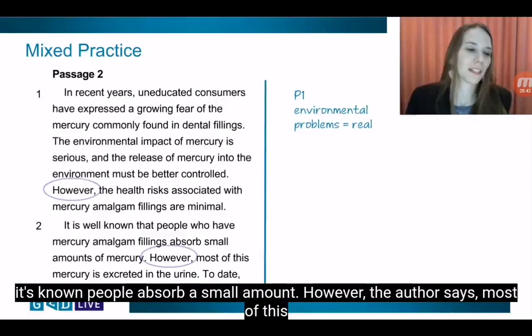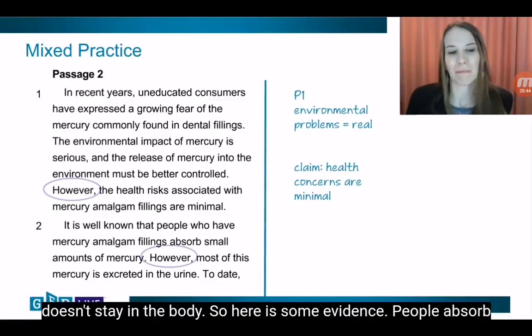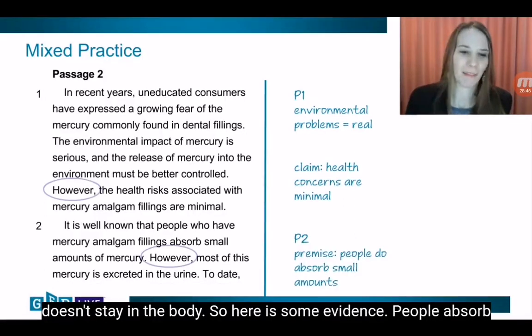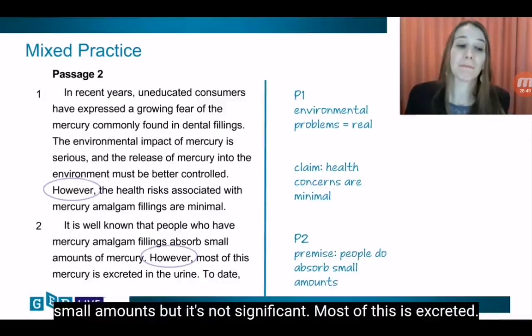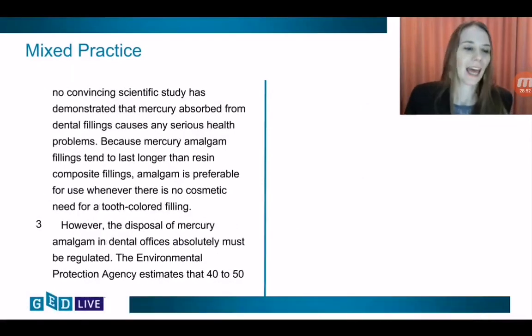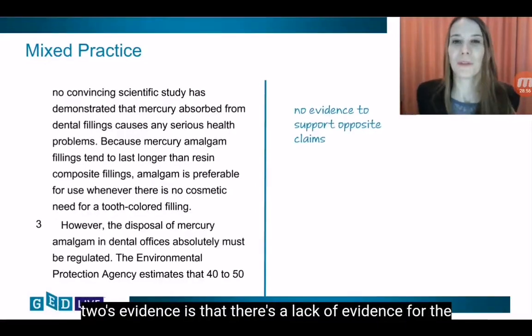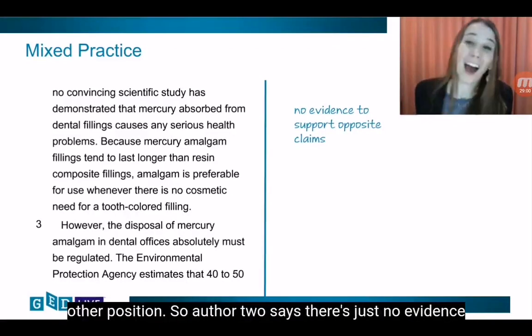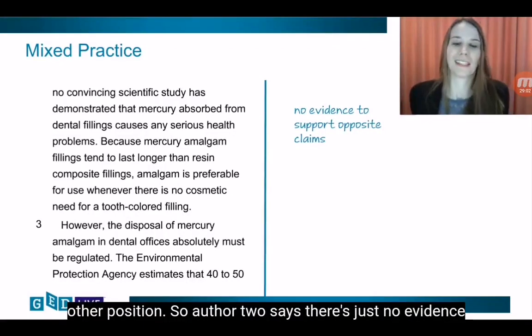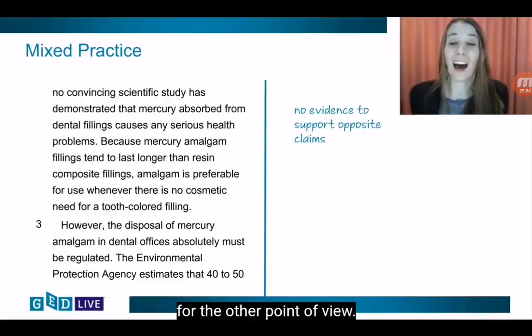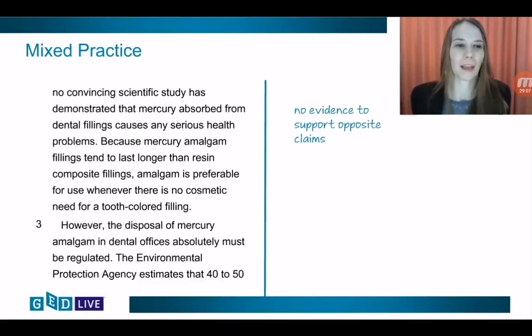However, the author says most of this doesn't stay in the body. So here is some evidence. People absorb small amounts, but it's not significant. Most of this is excreted. And in fact, the author says there's no study. So in fact, author two's evidence is that there's a lack of evidence for the other position. So author two says there's just no evidence for the other point of view.